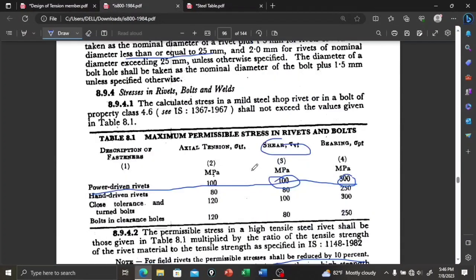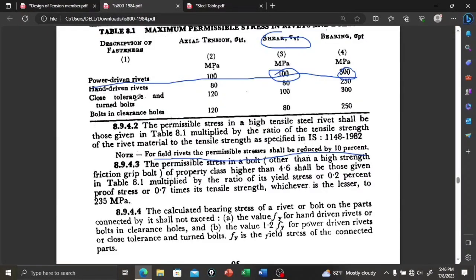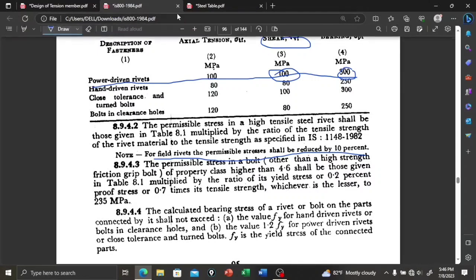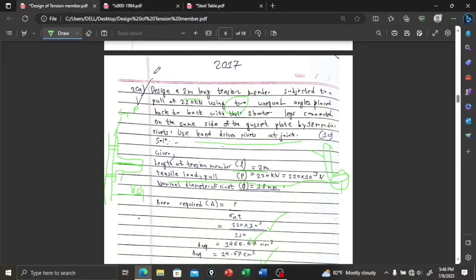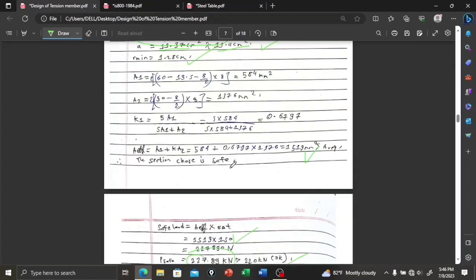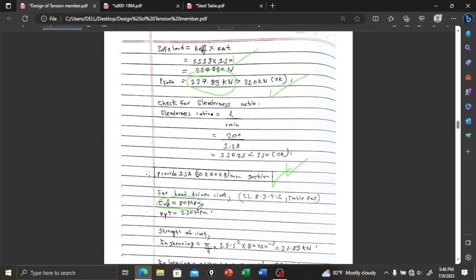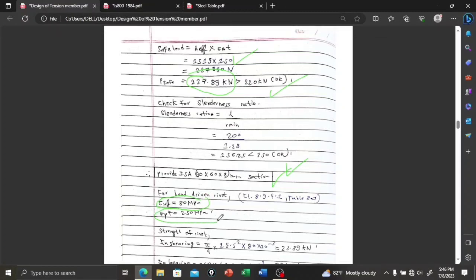So for hand driven rivet, tau value is 80 and sigma value is 250. Tau PF is 80 and sigma PF is 250. Strength of rivet is pi by 4 into d square into 80.